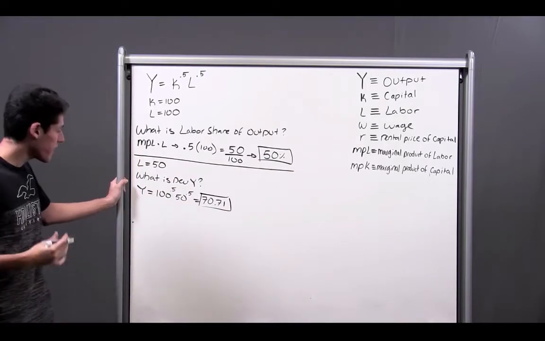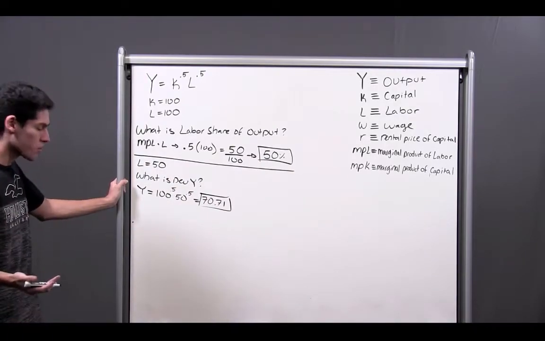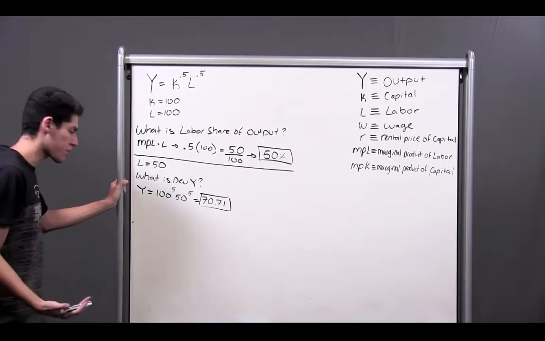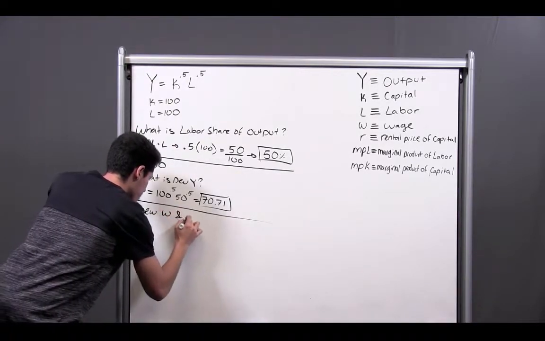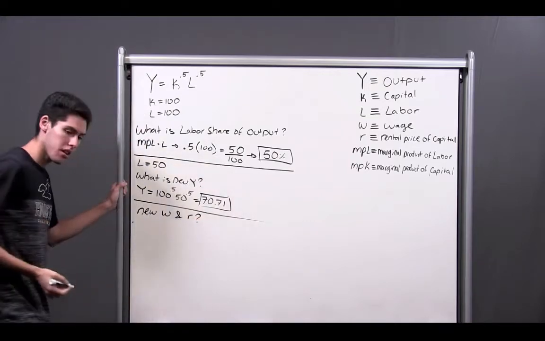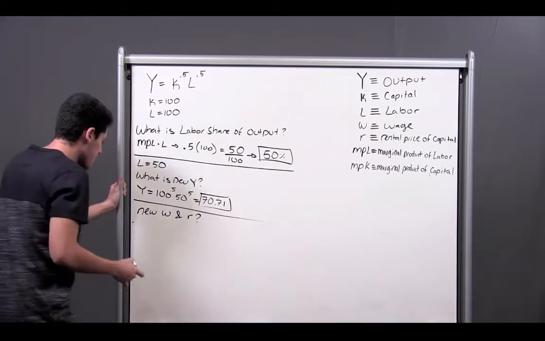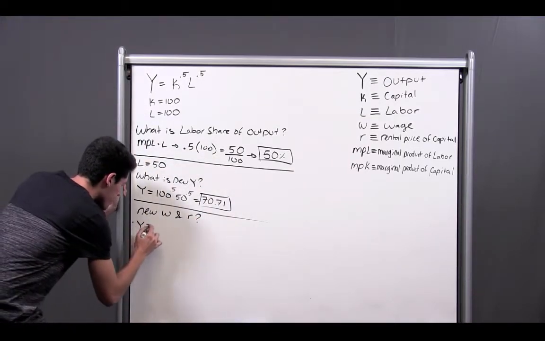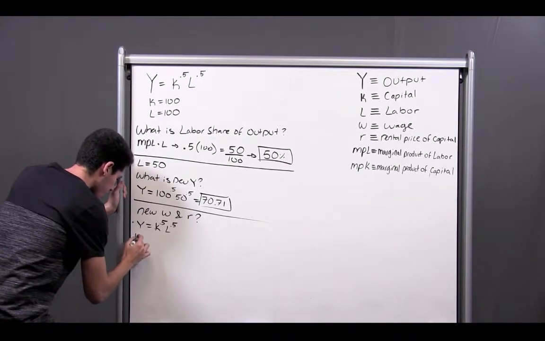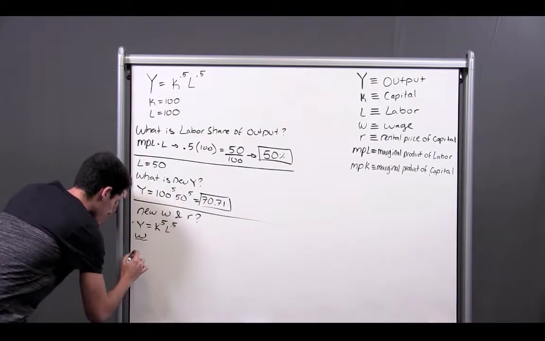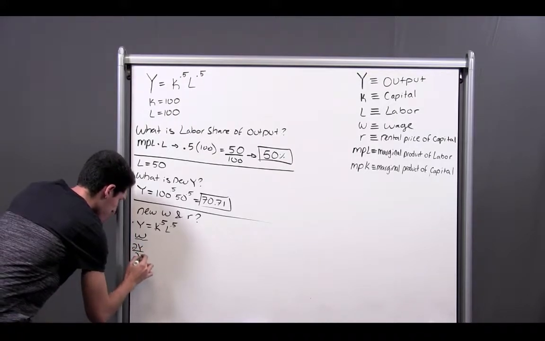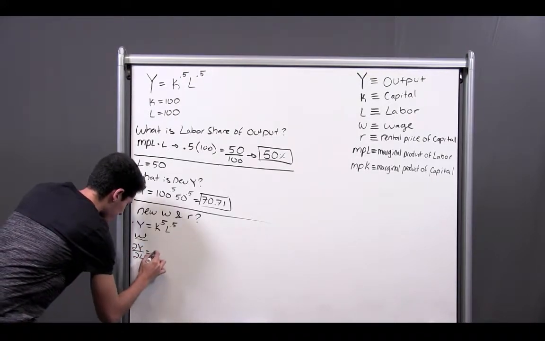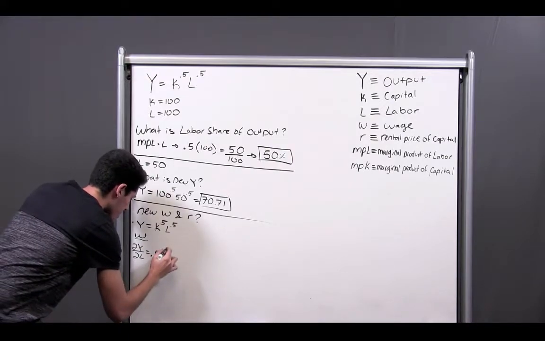All right? And now under this scenario, what is the new wage and the new rental price of capital? Well, same process once again. We've got our production function. So, to find wage, we will just take the derivative of output with respect to labor. So, once again, it's going to be 0.5, right?